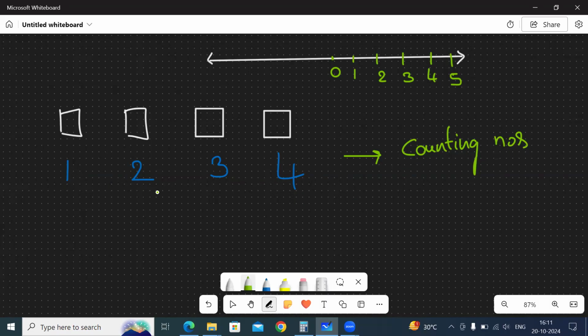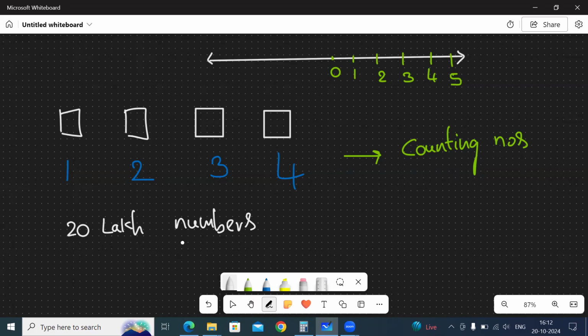Okay. Now imagine we have 20 lakh numbers. We have numbers of 20 lakh.